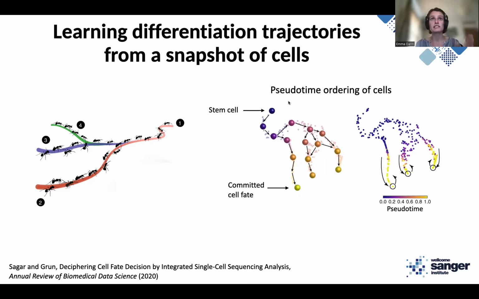Some of the most successful methods to do this pseudotime ordering of cells, we call it pseudotime because it's not real time, it's giving you an idea of the order in which differentiation of cells happens, but it's not real time. A lot of pseudotime algorithms rely on doing random walks on a k-nearest neighbor graph.